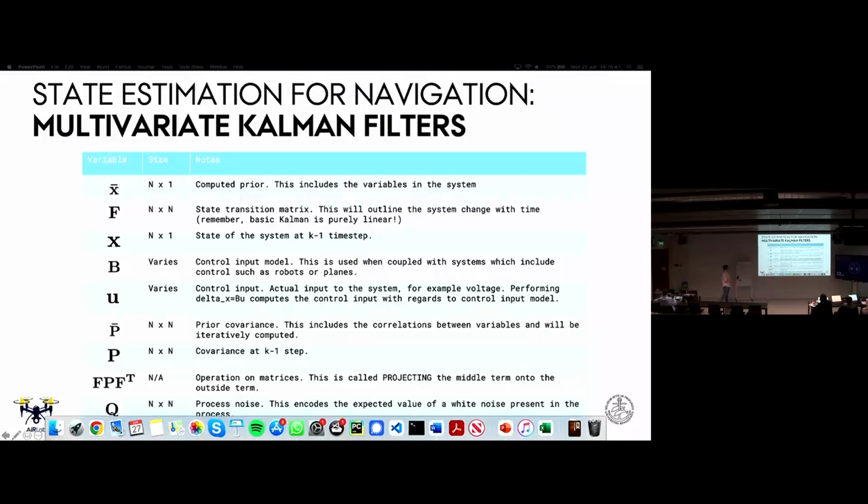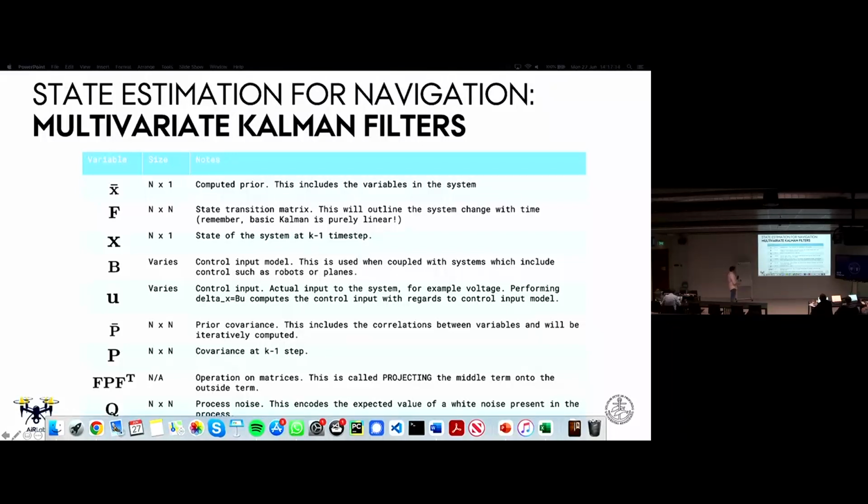In Kalman nomenclature, this means a control input, and this is mainly used for systems which use control, such as robots or planes. But you can also define a system not only as changing with time, but also how it accounts for the perturbation from an action or some form of control. So you can still encode robotic control into a Kalman filter, which is quite neat.